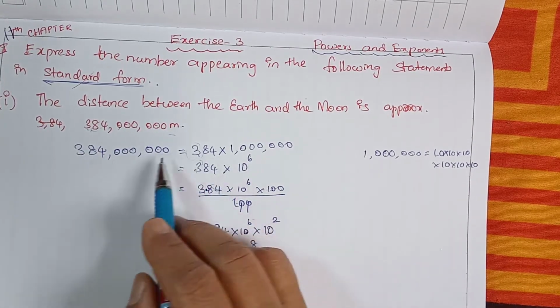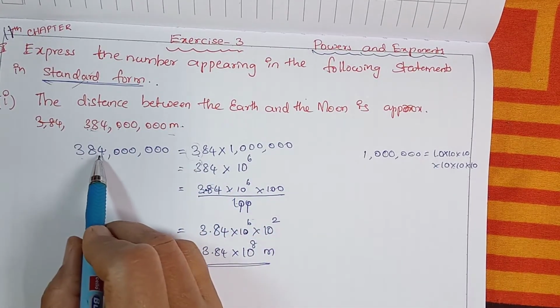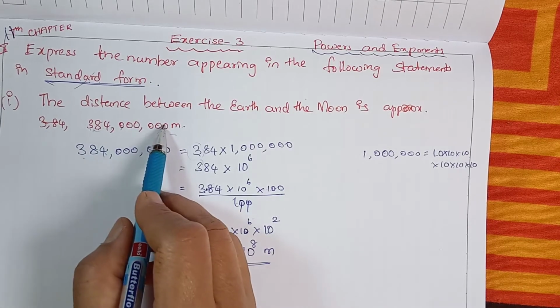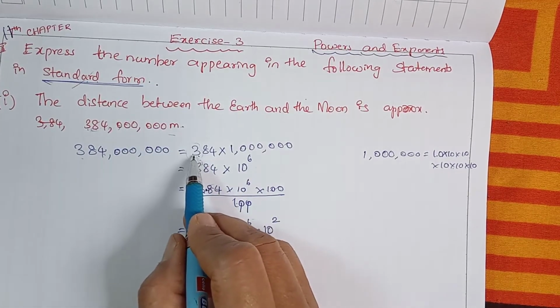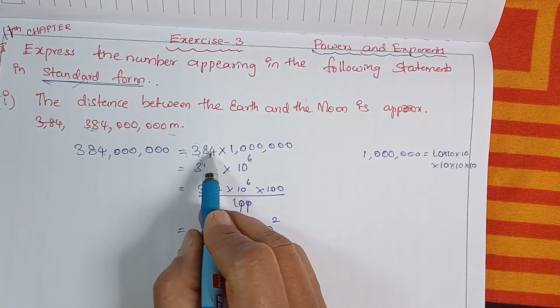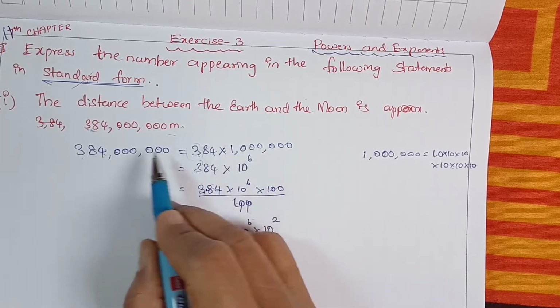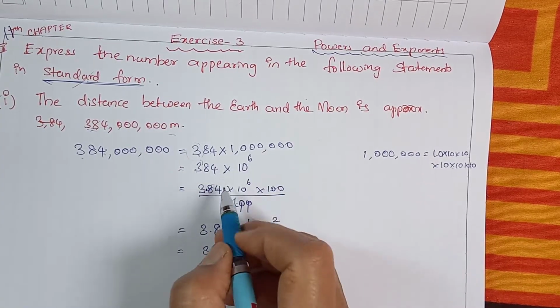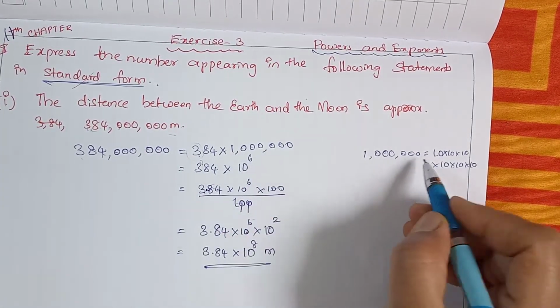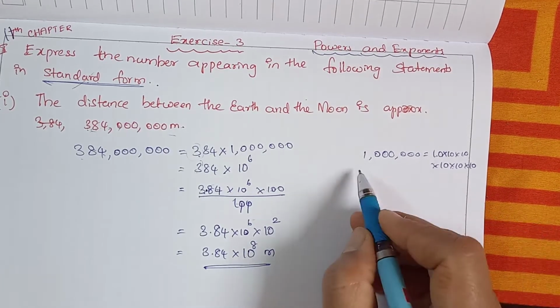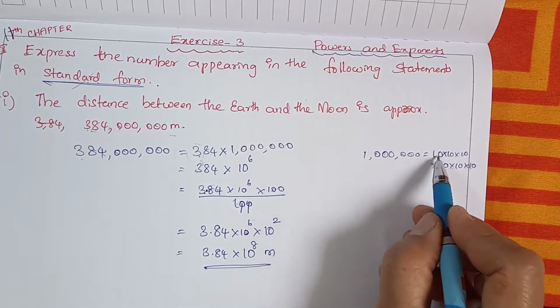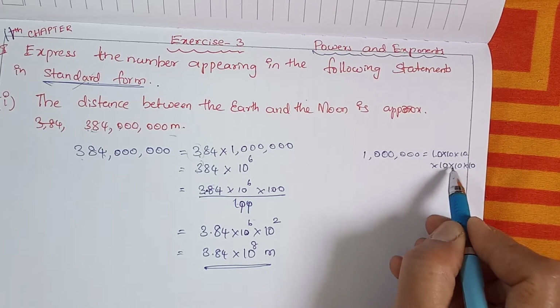Once again I'll revise. 384 million meters. First, I have separated the zeros: 384 into, and we converted them into base 10. What is that? 10 into 10 into 10 into 10 into 10 into 10.